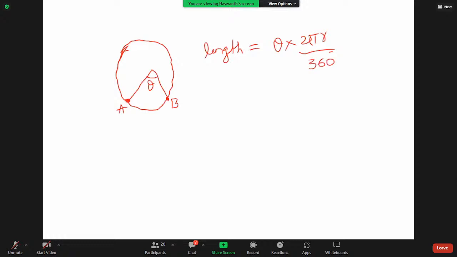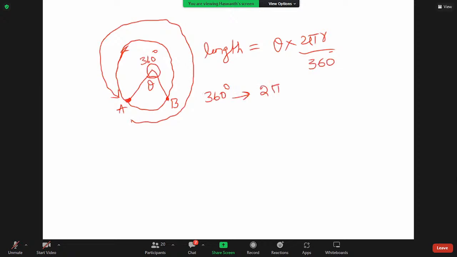If you look at how we are getting this formula, for example, let's say we are initially at point A. If the rotation is for 360 degrees, total angle around a point is 360, you will start at A, cover the entire circumference of the circle, and end back at A. So if rotation is for 360 degrees, length covered is the total circumference of the circle, which is 2 pi r.